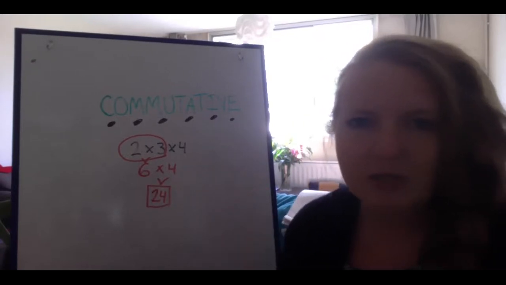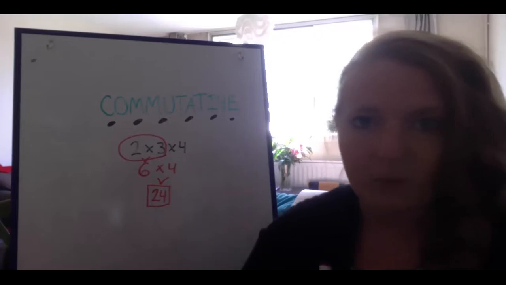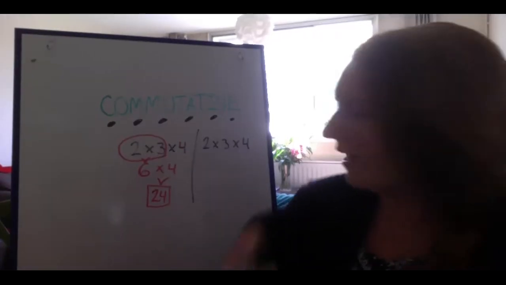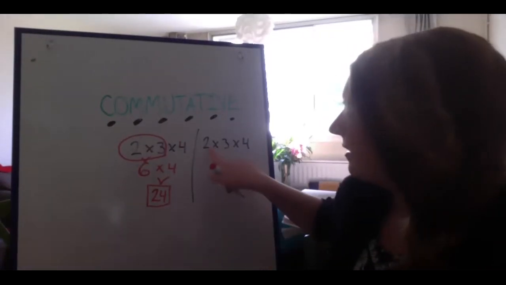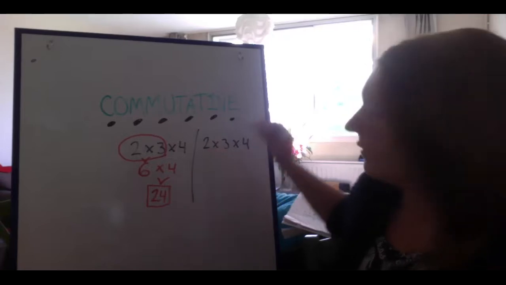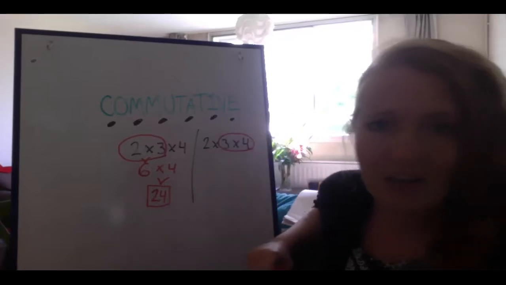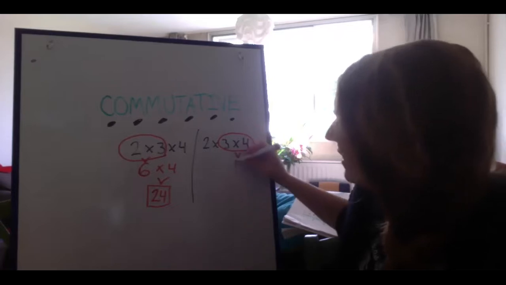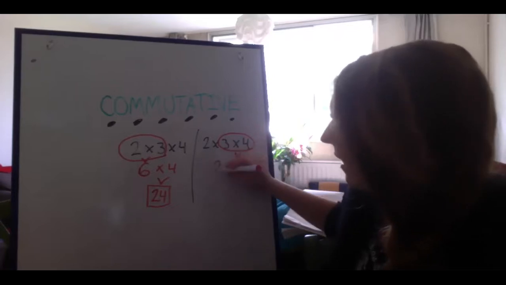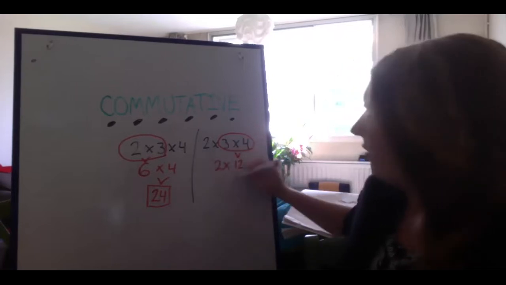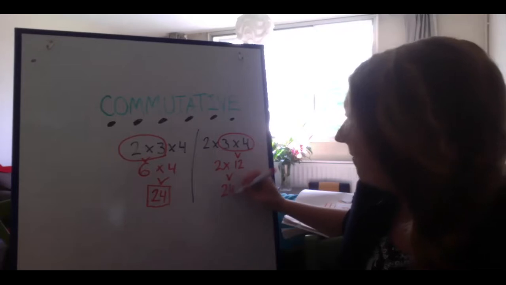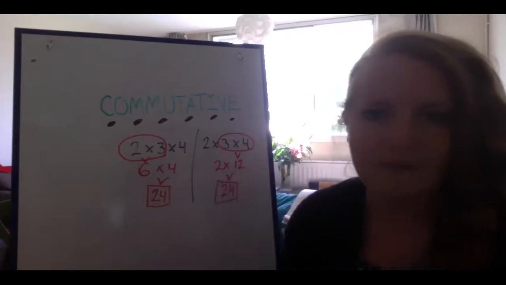So let's try to do this equation again in a different order. Right, so I have the same equation, but this time, instead of doing 2 times 3, I'm going to do 3 times 4. Now I know straight away 3 times 4 is equal to 12. Bring this down, so now 2 times 12. Oh, well, I know that's equal to 24 straight away because of my double facts.